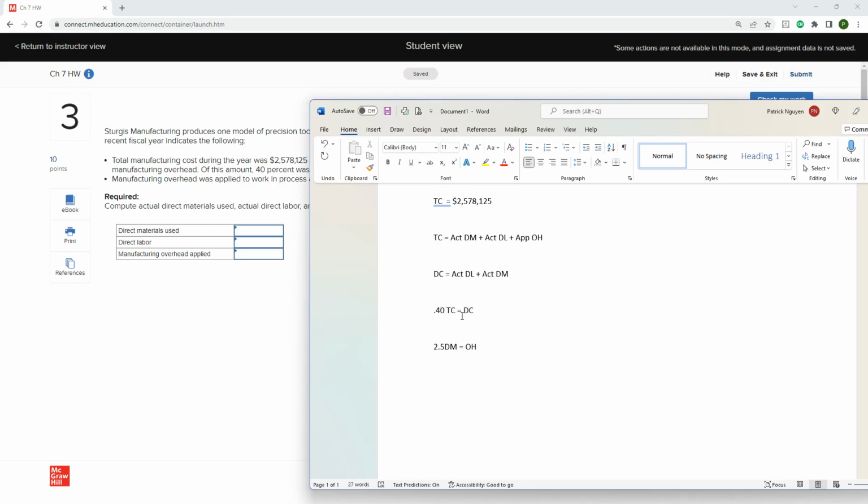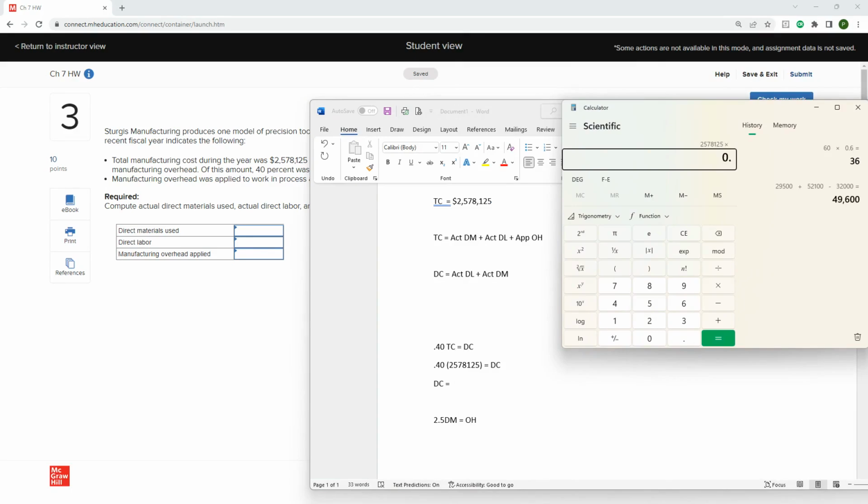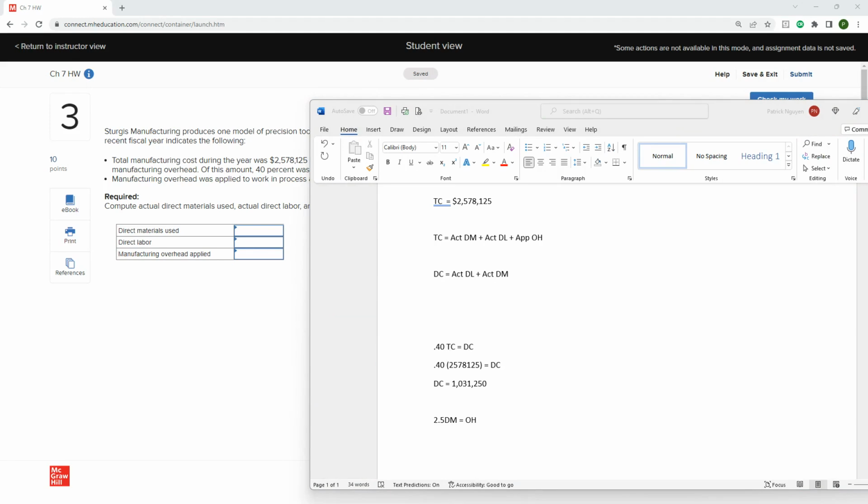So 0.40 times 2,578,125 equals direct cost. So direct cost must equal 2,578,125 times 0.4, and that equals 1,031,250.